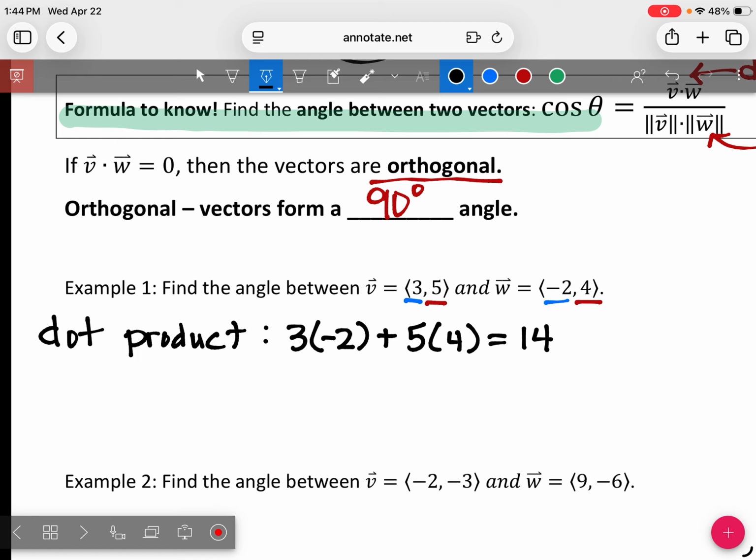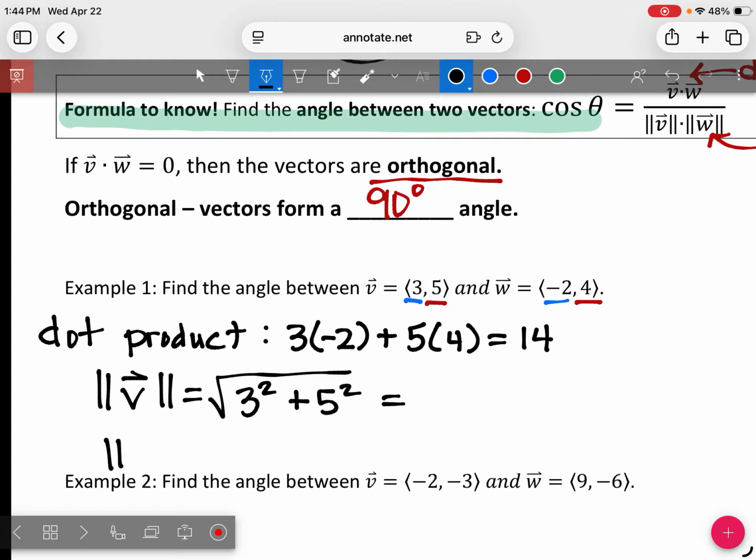The next thing you need to find is the magnitude of vector v. So magnitude of vector v is going to be the square root of 3 squared plus 5 squared. See what you get? Just leave it under a square root. Do the same thing for vector w. All right, go ahead and find those 2 numbers.